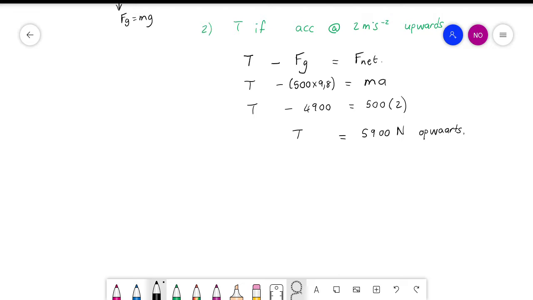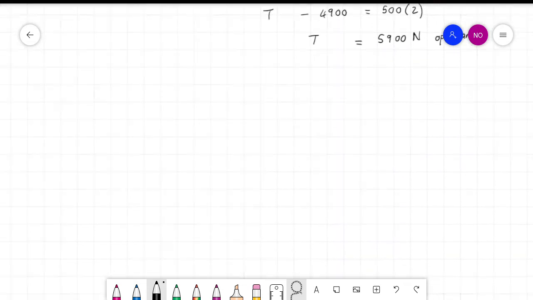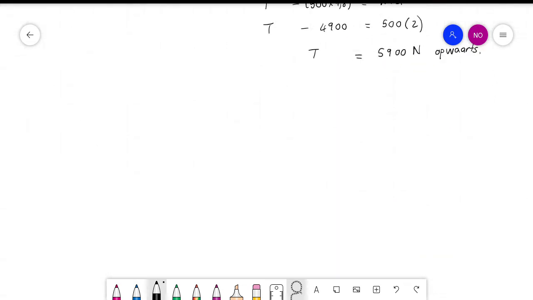Another one. Okay, hierdie keer gee hulle vir jou 'n pulley system. Voorwerpe P en Q met 'n massa van 3 en 2 kg onderskeidelik word aan weerskante van 'n touwtjie vasgemaak.